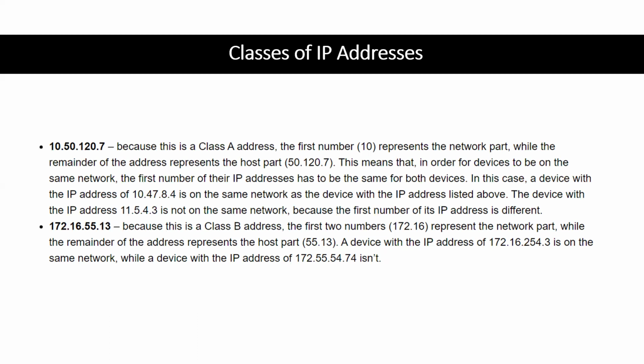That says they're in the same broadcast domain. In this case, a device with an IP address of 10.47.8.4 is on the same network as the device with the IP address listed above, because again, it's a /8.